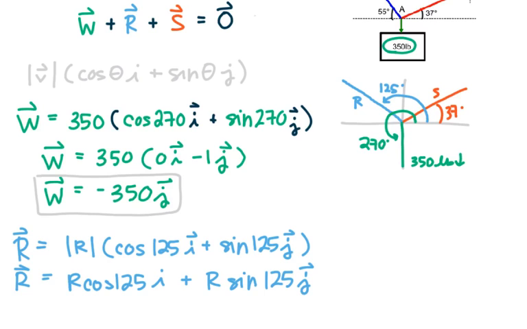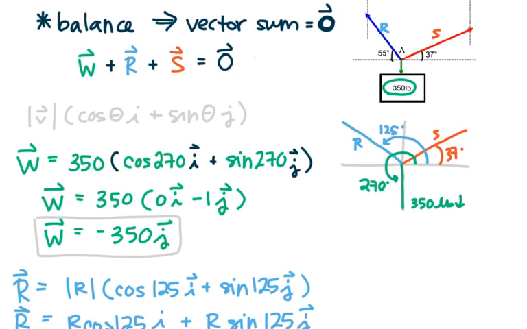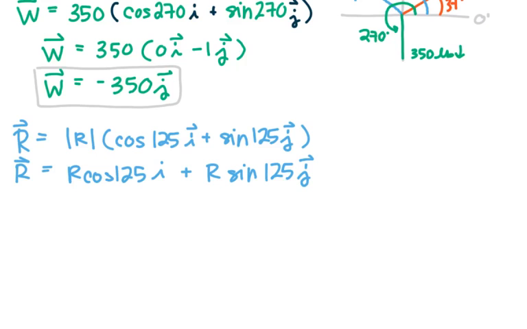And then of course we're going to do the same thing for our vector S here using the angle 37. So keep in mind what we talked about at the beginning, how I'm choosing these angles. I'm taking them in a counterclockwise positive rotation oriented off that standard position 0 angle vector. So lastly then, vector S, that's the magnitude of S, and the angle associated with S will have cosine 37 i plus sine 37 j.